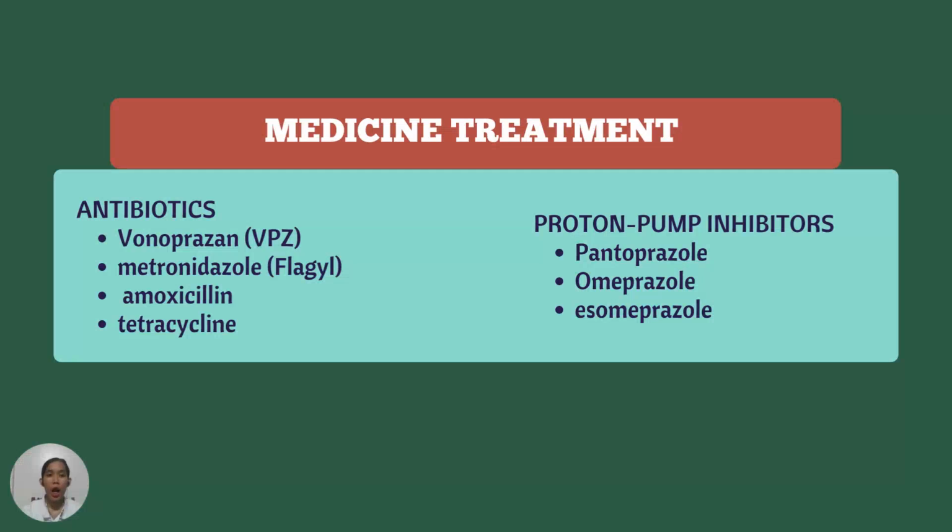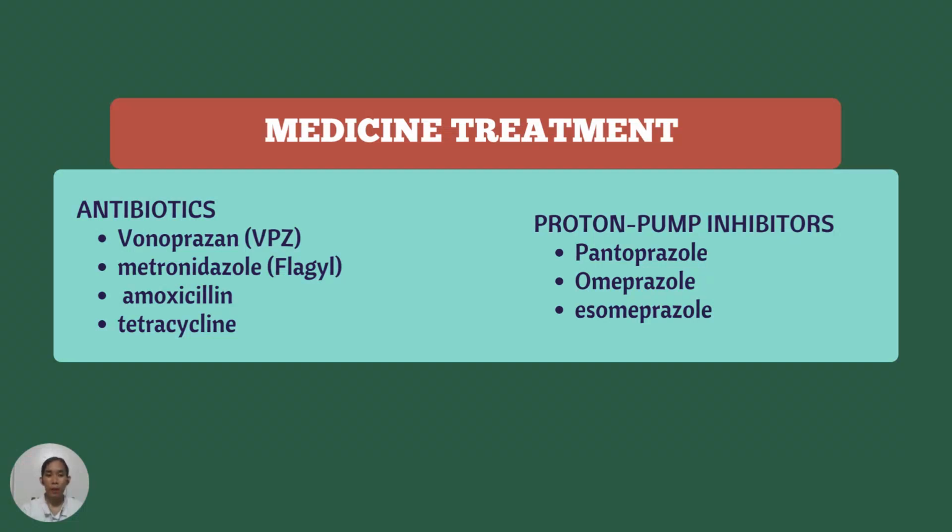So here is the other list of medicines that can be given to a patient who is diagnosed with peptic ulcer. For antibiotics, we all know that these are the first-line drugs to help kill the bacterial infection, which is H. pylori. We have here metronidazole, amoxicillin, tetracycline.